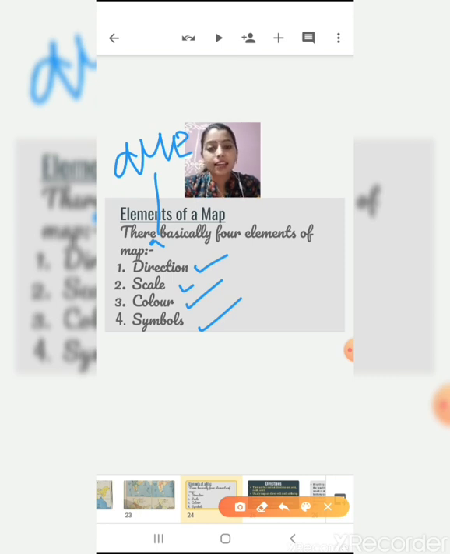Scale tells us in centimeters, means kilometers are converted into centimeters. How many kilometers is equal to a centimeter on the scale, on a sheet of paper. Color: there are different standard colors which are used in the map. Symbols are also used in a map for showing some details.